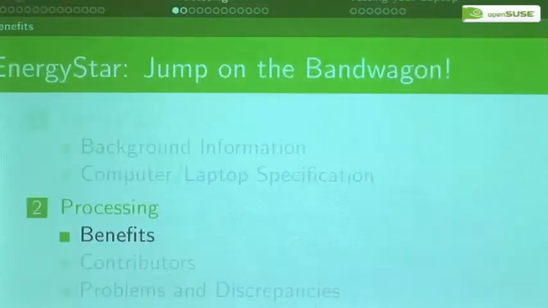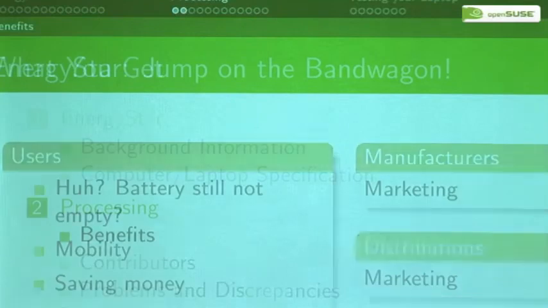So coming to the next section, what do you actually get when labeling something with Energy Star?